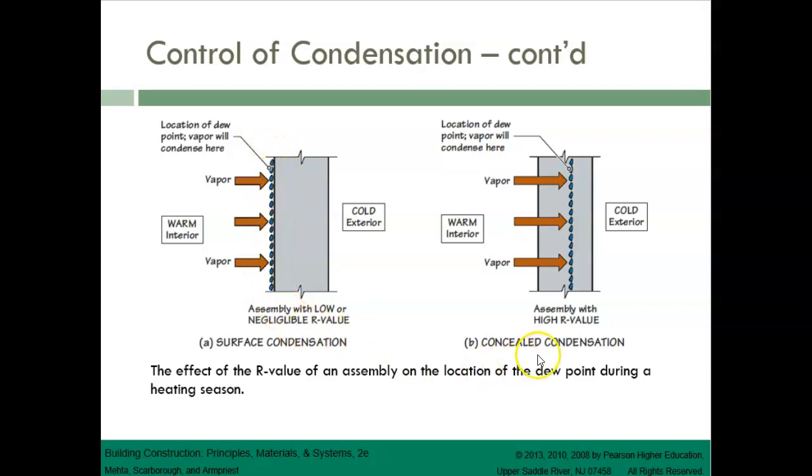When we increase the R value, same situation, warm interior, cold exterior, and an assembly with a higher R value, I'm going to end up with a dew point that falls somewhere inside of that assembly. And that's where my condensation is going to occur. So these are both issues that we want to eliminate in our building design.